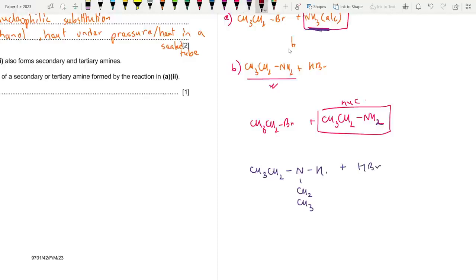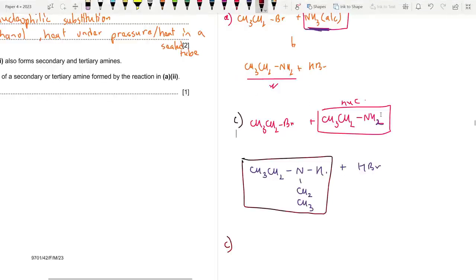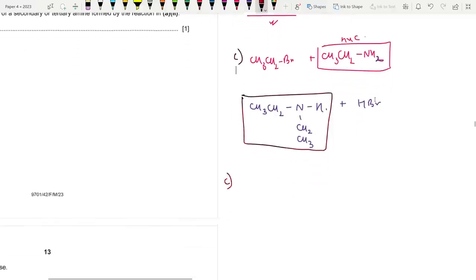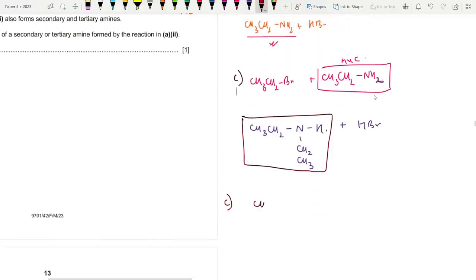However, now in this step, this one will act as the nucleophile again. Okay, it's a chain reaction which keeps on occurring until the amine compound has no more hydrogen remaining. So CH3CH2Br will react with this compound again, CH3CH2NHCH2CH3.